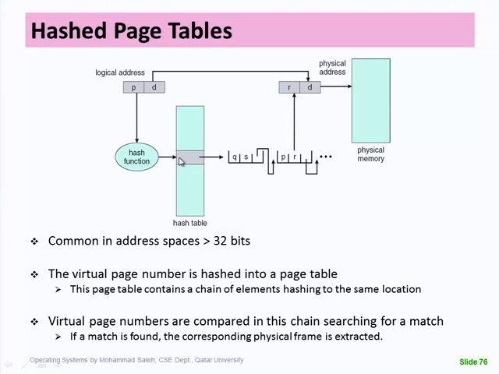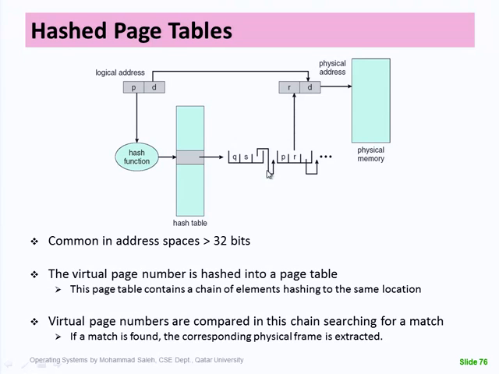So a collision can be resolved using what? A list at the collision, because we still have to use that hash function. So we can use a list to resolve the collision, or we can use buckets, or we can use a heap. Any one of these can be used to solve the collision. So now, what's the point? I don't want to search linearly, but I still have to do the search linearly here for lookup.